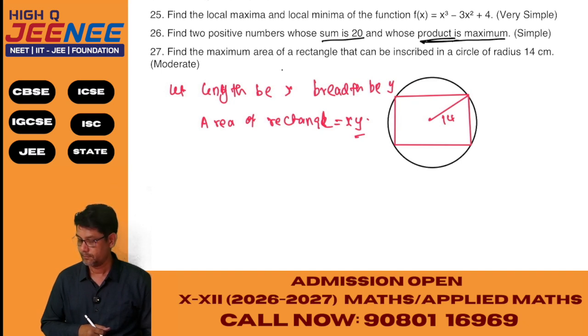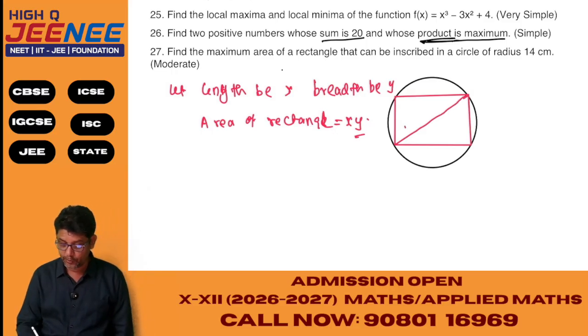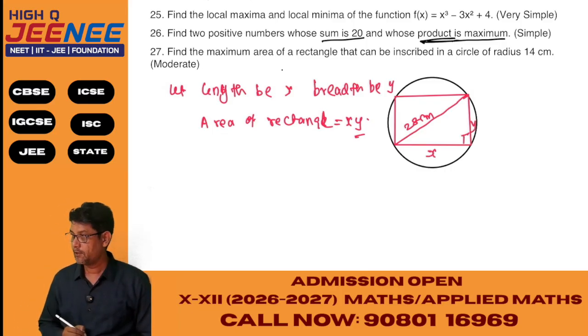Two times the radius is equal to the diagonal of the circle. So the diagonal is 28 centimeter. Am I right? So is this x, is this y? Say yes or no, my dear.